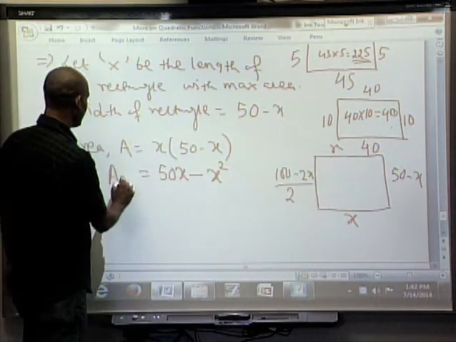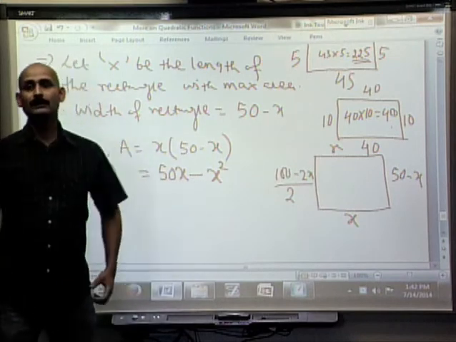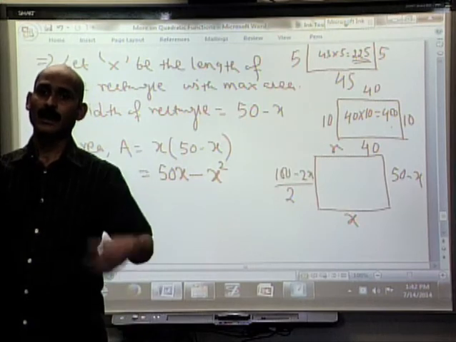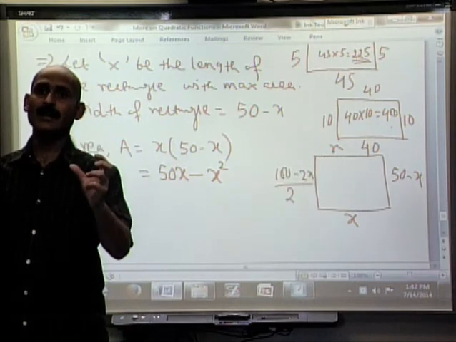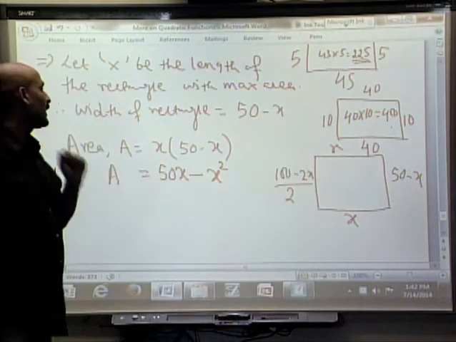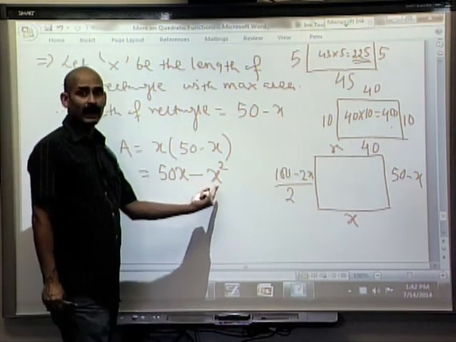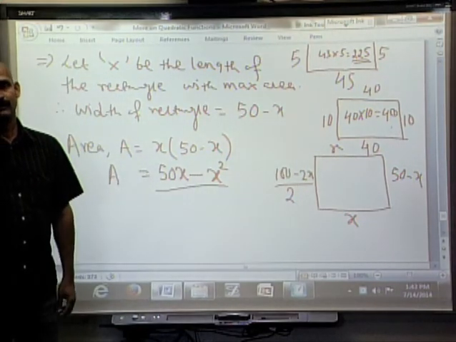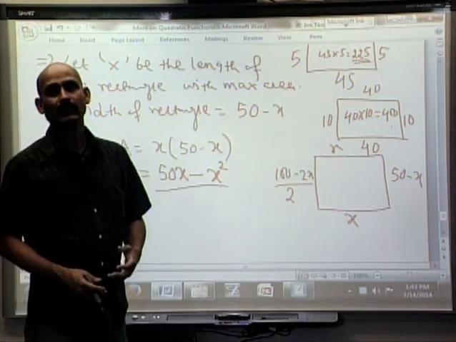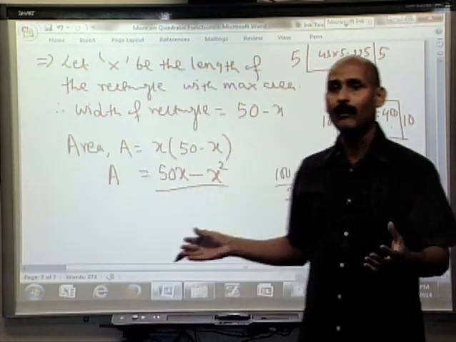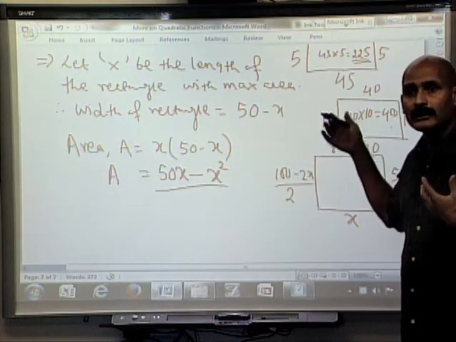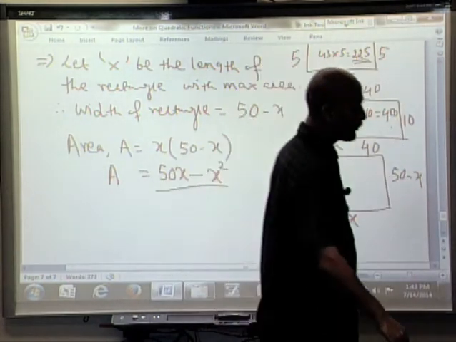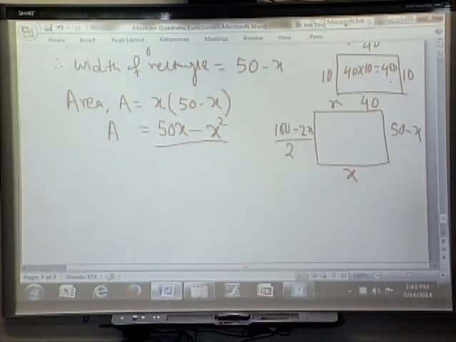So, if we look at this formula, area is a quadratic function of x, and we want this area to be maximum. That means we are trying to find what x should be for this quadratic function to be maximum, and we already know that in order to find the maximum value of any quadratic function, we need to find the vertex, and we already know the formula for the vertex.